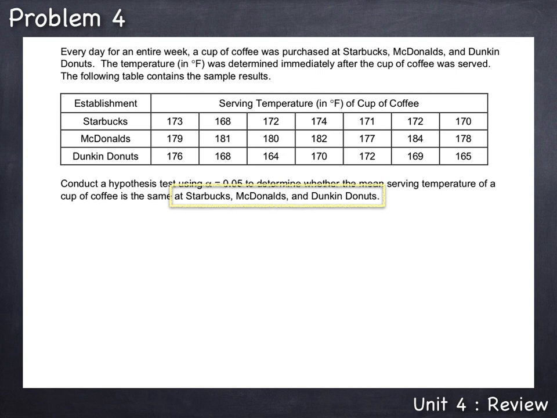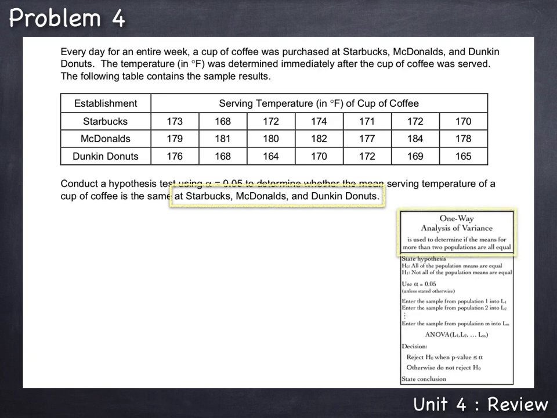So to conduct a hypothesis test procedure for 3 population means, our inferential statistics technique is a one-way analysis of variance. Because a one-way analysis of variance is used to determine if the means for more than 2 populations are all equal.